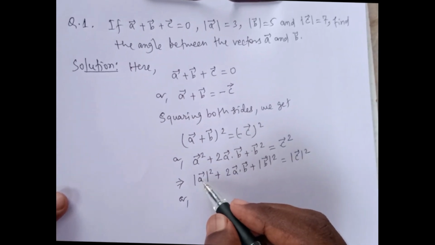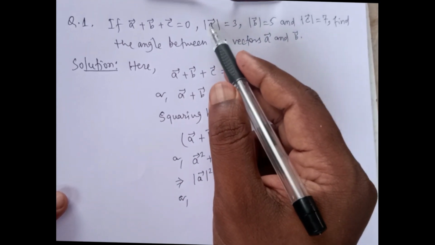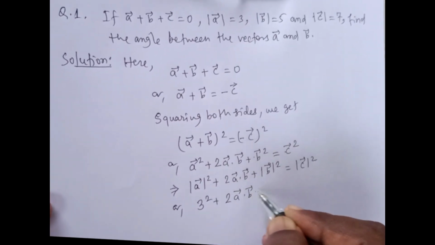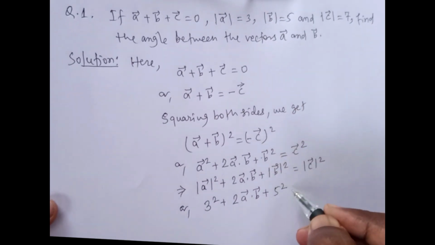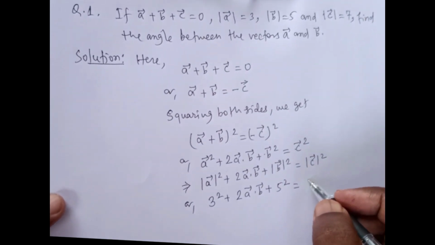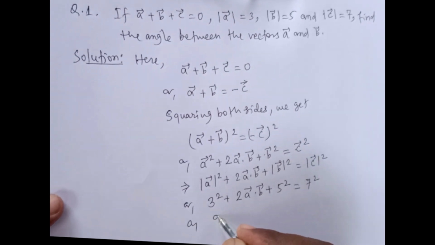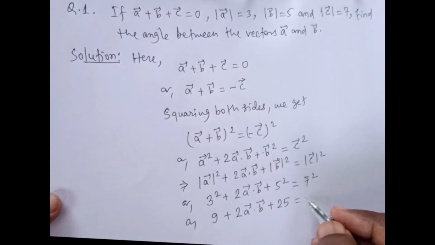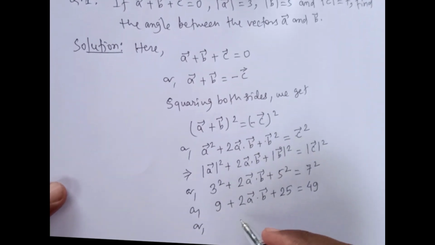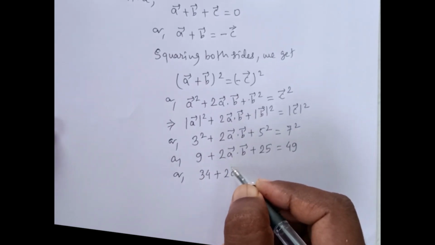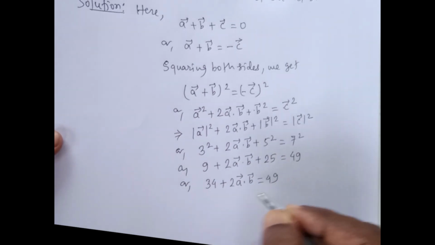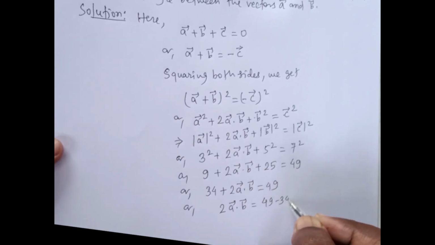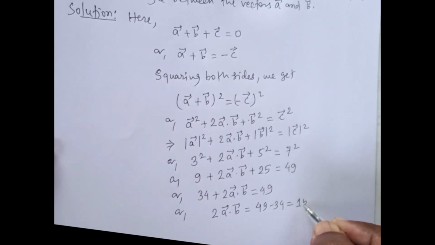or modulus of A vector is 3, so here 3 square plus 2 A vector dot B vector plus, and here is 5 square, is equal to, and this is 7 square, or 9 plus 2 A vector dot B vector plus 25. 7 square means 49, or 34 plus 2 times A vector dot B vector is equal to 49, or 2 A vector dot B vector is equal to 49 minus 34, which gives 15.